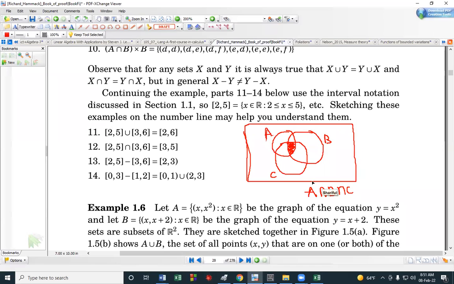Now how do you represent B intersection C in the same diagram? B intersection C is the common part of B and C, which is this part, right? Do you see this green? Yes, sir. So this is B intersection C.